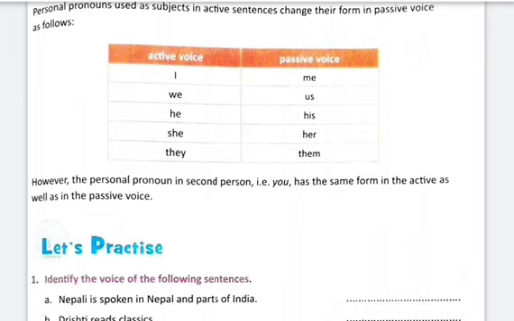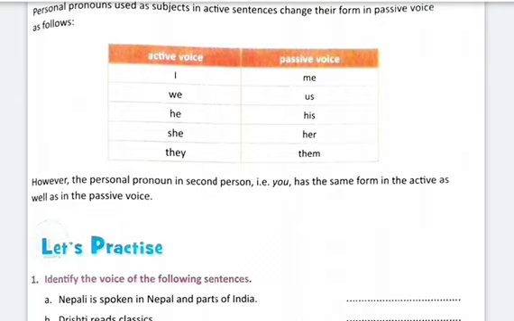Number 3 or C, this painting is drawn by Van Gogh. Here see, the verb drawn is in passive form. How will you detect? Because be verb is there and then the past participle form of the verb draw, drawn, is there.